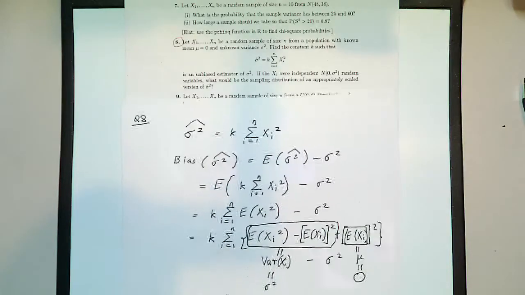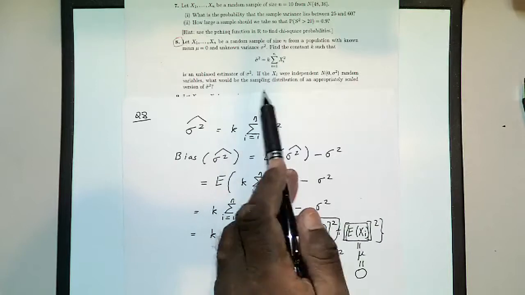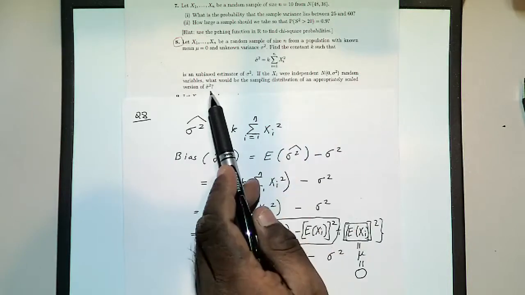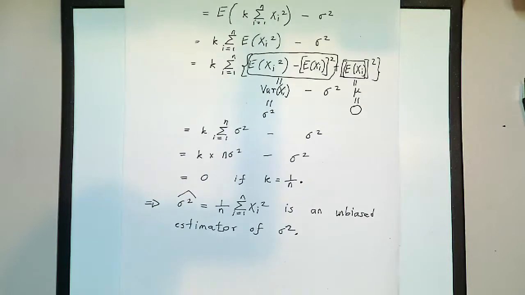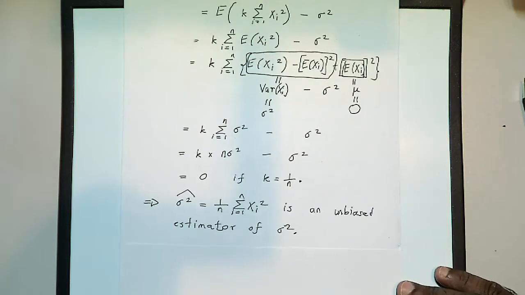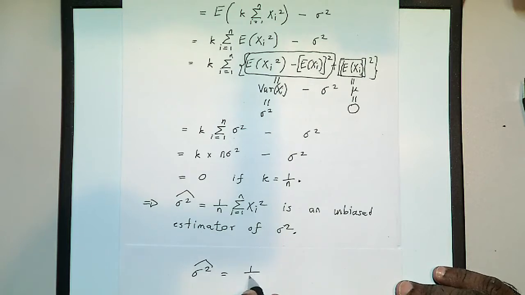The second part of question 8 is asking you, what is the sampling distribution of this estimator sigma squared hat, right? Now, to answer this question, you need to go back to the review session that we talked about last Friday. So the estimator that we have is, this is the estimator that we have.